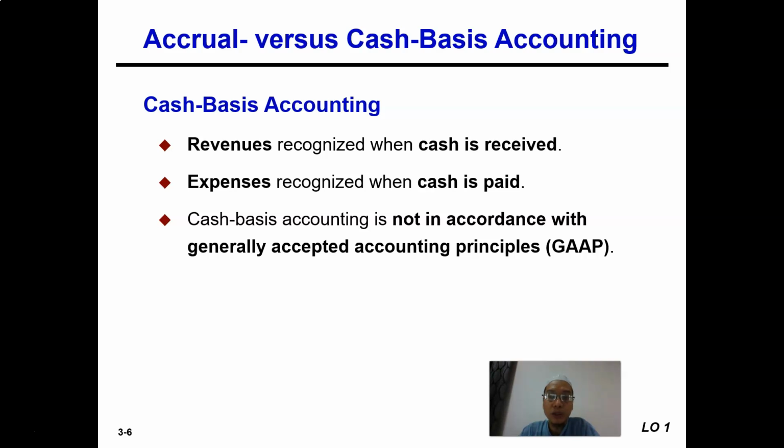Similarly, when we consume electricity in May, but we pay for it in June, we will recognize the expenses in June at the time when we pay by cash. This is called cash basis accounting, and it is not in accordance with generally accepted accounting principles. So organizations, businesses, should follow the accrual basis accounting and not the cash basis accounting.